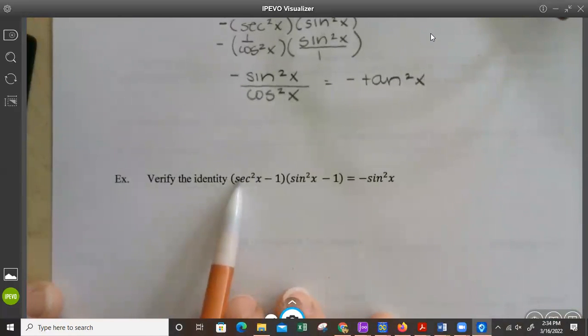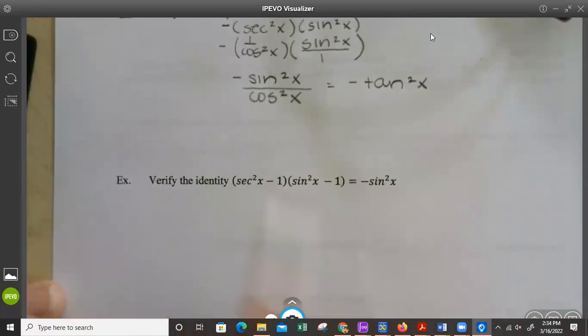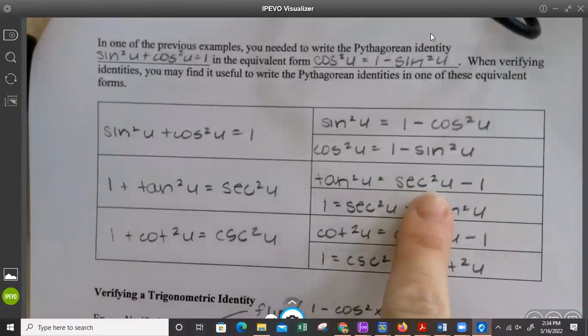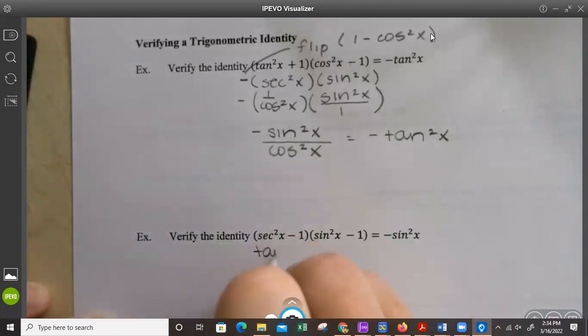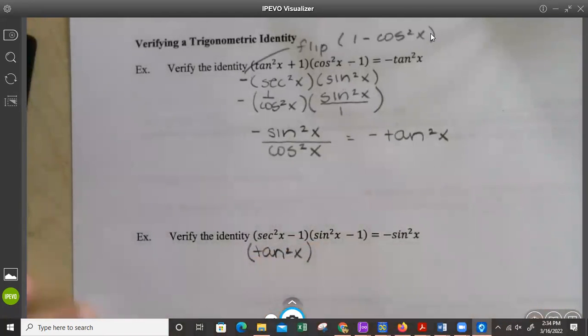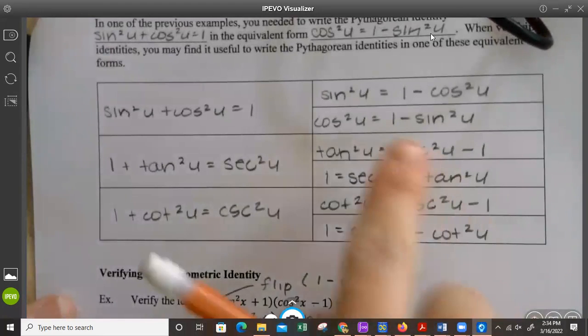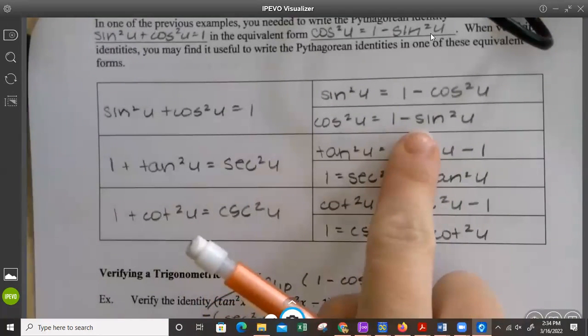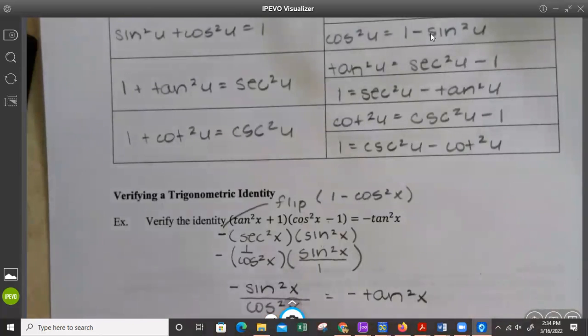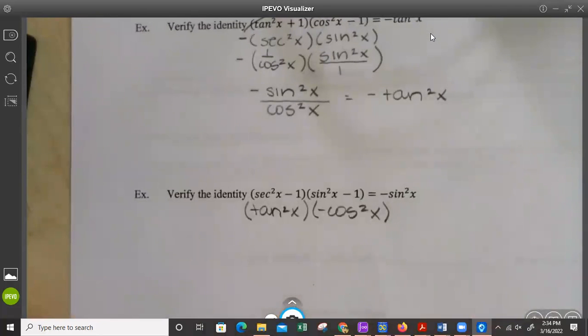Do I have a trig identity that's secant squared x minus 1? We have that perfectly. Secant squared x minus 1 is tan squared x. Do we have one that is sine squared x minus 1? Right, so it's flipped around, right? So we've got to fix it. If you want to go ahead and put the negative right here, so you know that's what it comes from, that's fine as well.